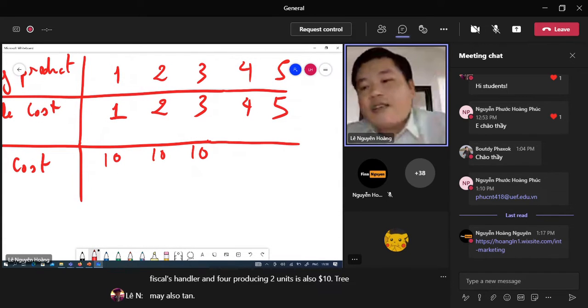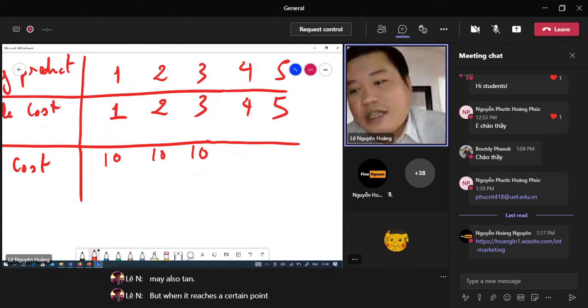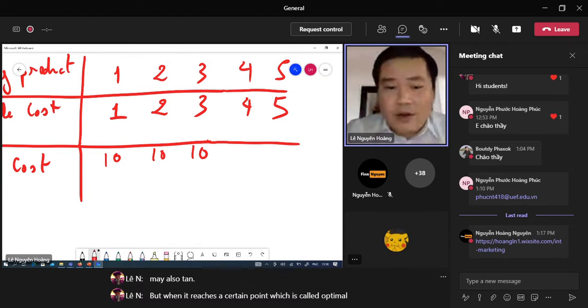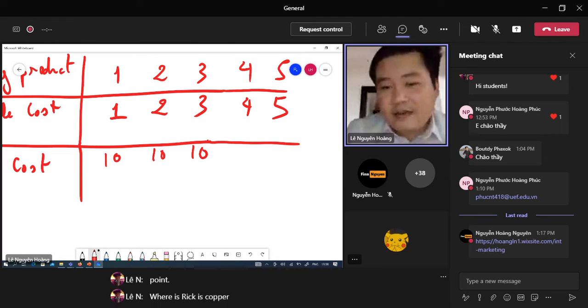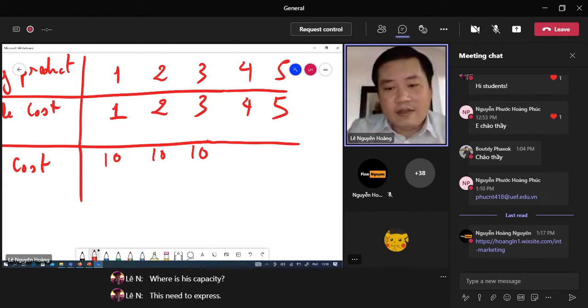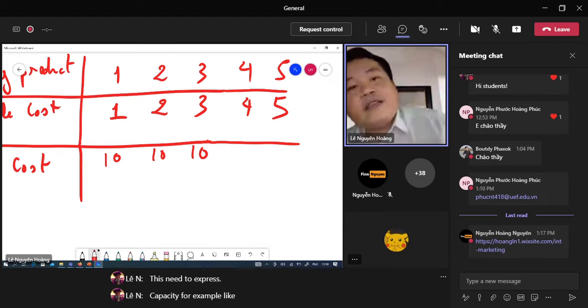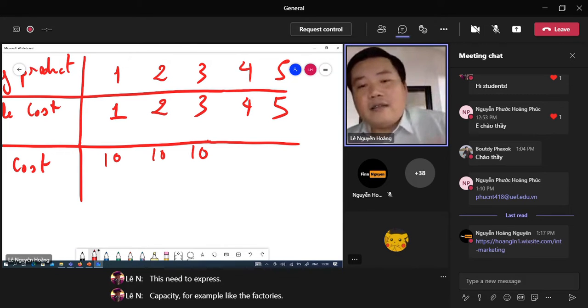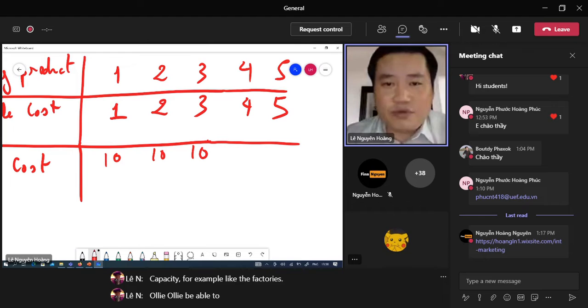But when it reaches a certain point, which is called the optimal point, when it reaches its capacity, it needs to expand its capacity. For example, the factory is only able to produce 3 units.